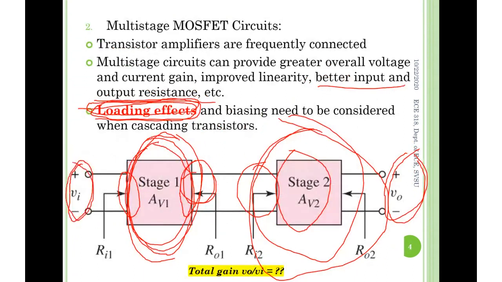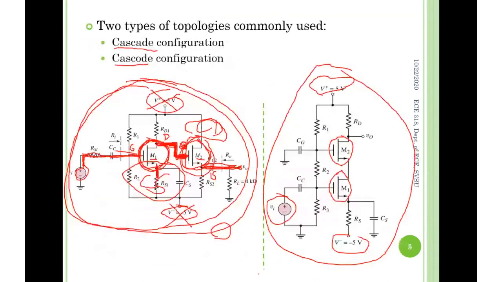VI is the input. Of course, stage 1 has a power supply up here, maybe also a second power supply down here. Stage 2 has a power supply here, maybe also one here. Or, once again, the external power is not even presented in the generic multi-stage amplifier, right? So the total output is unique, and the total input is unique too. DC supplies are not in our picture.